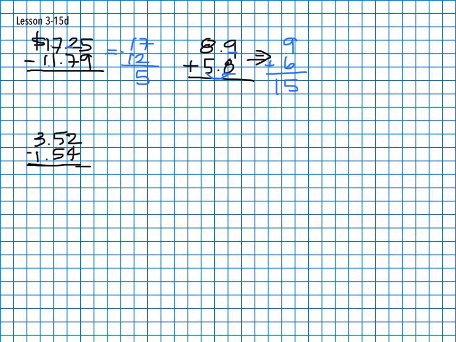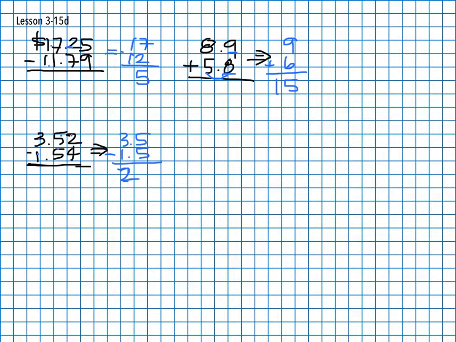Now when we look at this one, just because they're both so close to .50, I'm going to round to the nearest half: 3.5 minus 1.5.